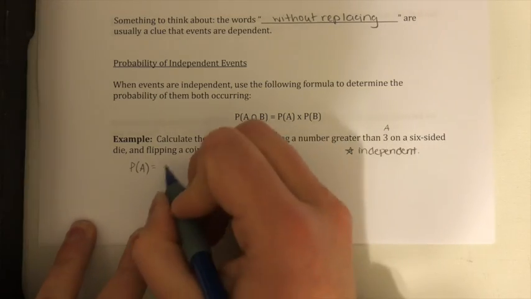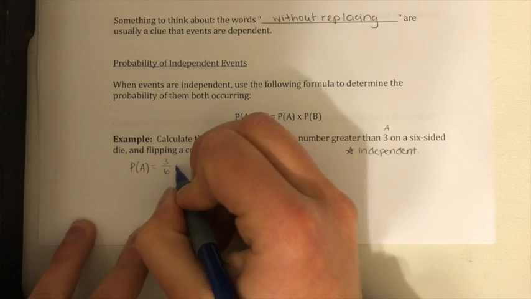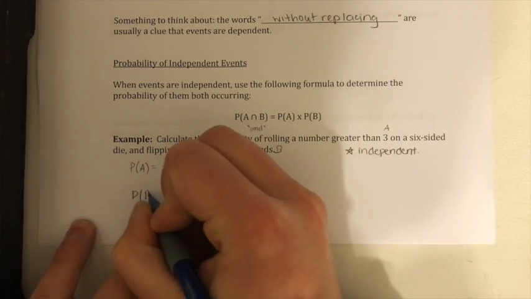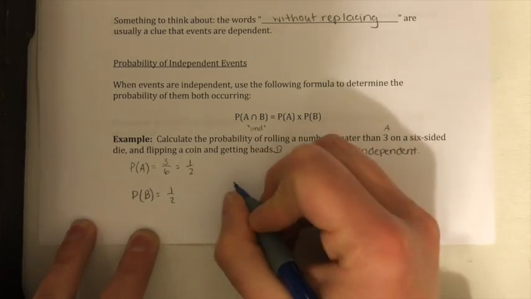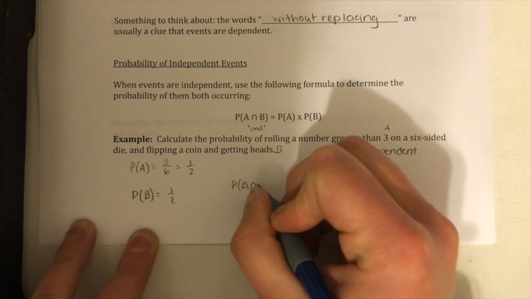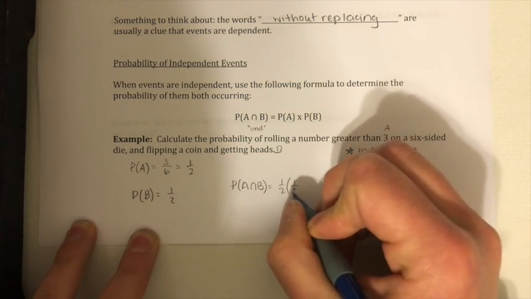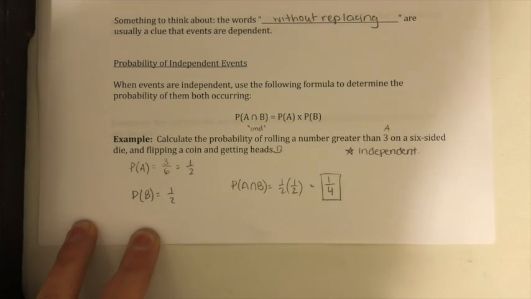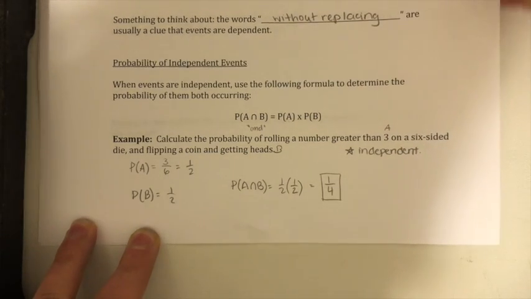Okay, so the probability of A, we can either get 4, 5, or 6, so 3 out of 6 options. Reduce that to 1/2. The probability of B is getting heads, so 1/2. So the probability of A and B is going to be 1/2 times 1/2, so 1/4. Okay, so that's how we do it if we have independent events.